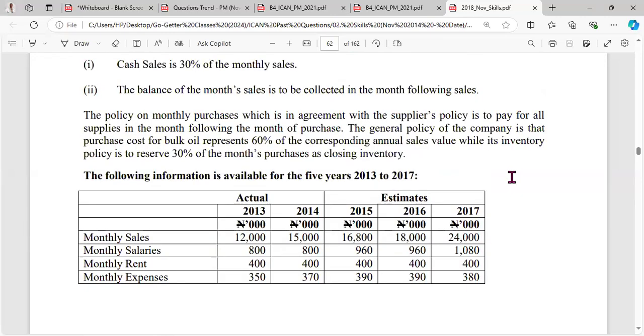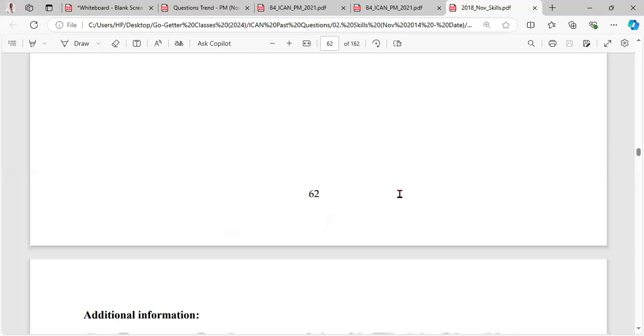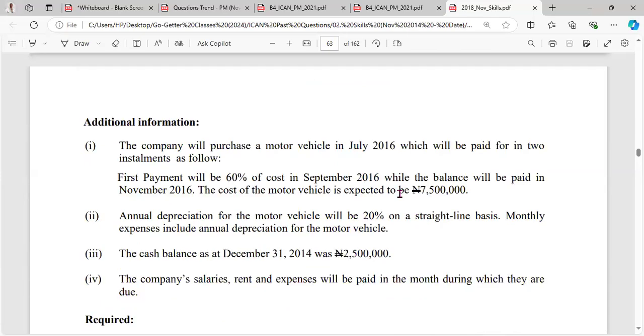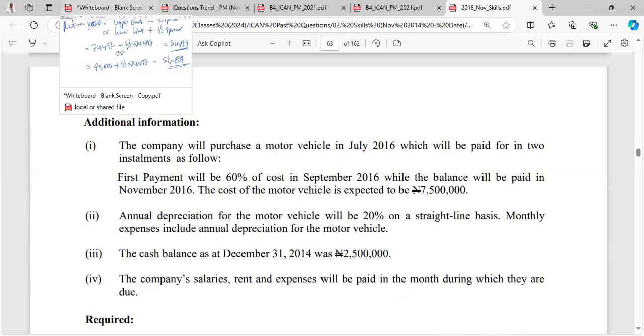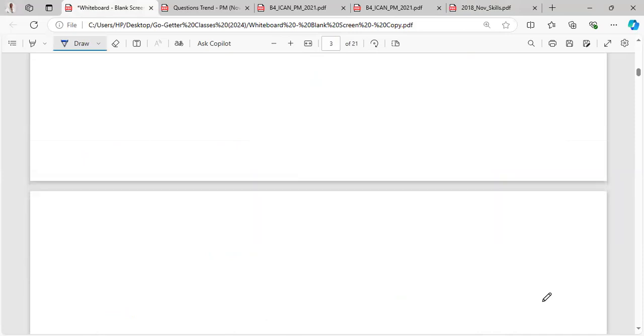So let's say these are our sales for 2015 to 17. So look at what we'll do now. So let's start it from here. This is November 2018, Question 3.